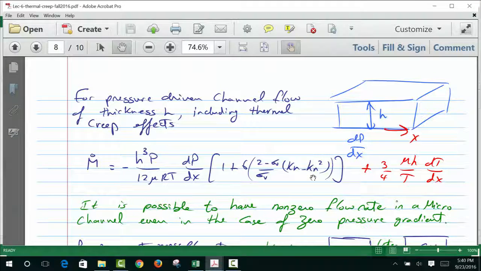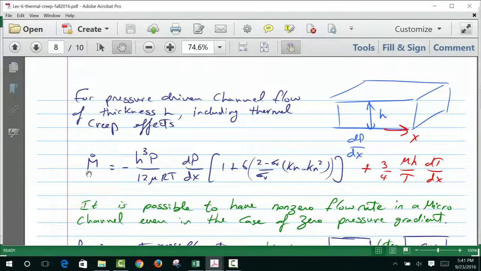Right? Does this make sense, that it's 1 plus Knudsen? Yes, it does. Because as the wall loses grip on the fluid, because the slip is happening, the m dot would not be just 1, it will be 1 plus a bunch of stuff as a function of Knudsen number. That makes sense.